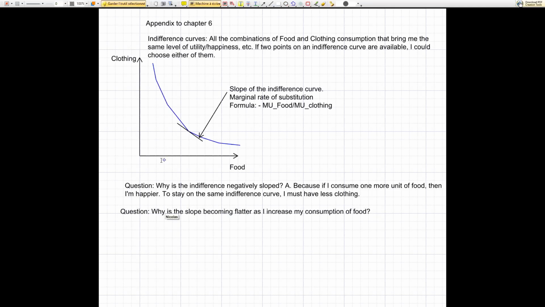If I travel along an indifference curve and increase my consumption of food, the slope was very steep here, and it becomes flatter and flatter. And yes, it has to do with diminishing marginal rate. The slope is the marginal rate of substitution, and it's actually diminishing.